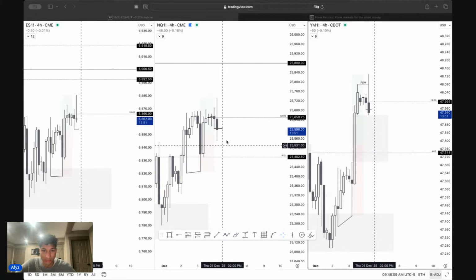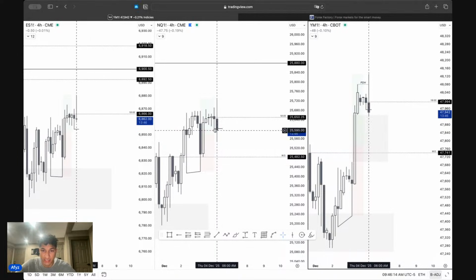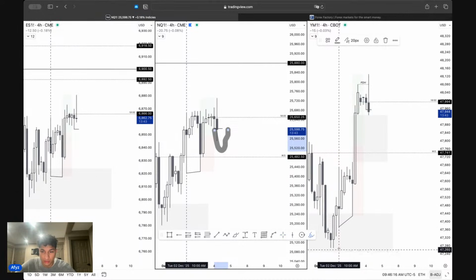I will indeed wait for confirmation. I would never just mark it long here. Need to see NASDAQ reverse. It has to form a wick in here.